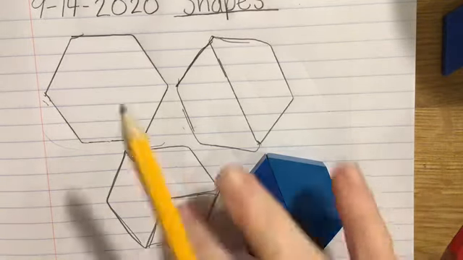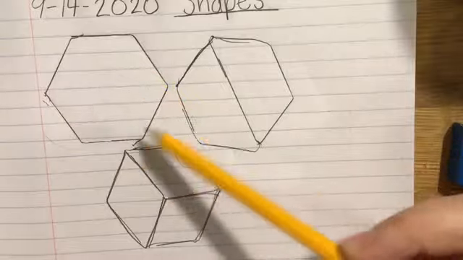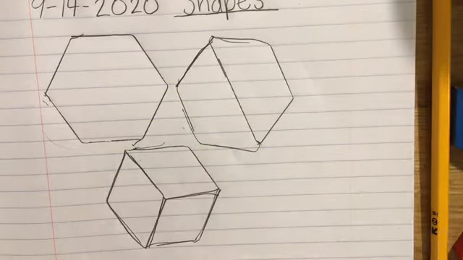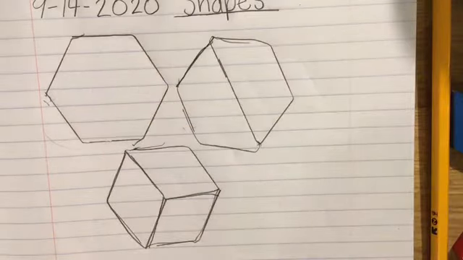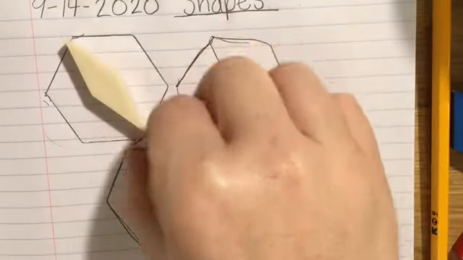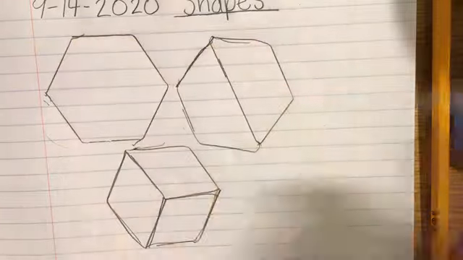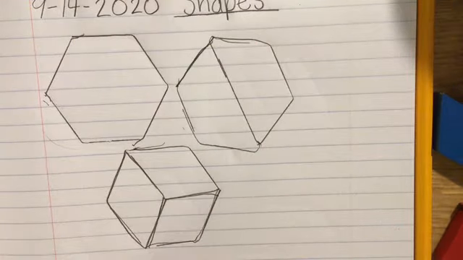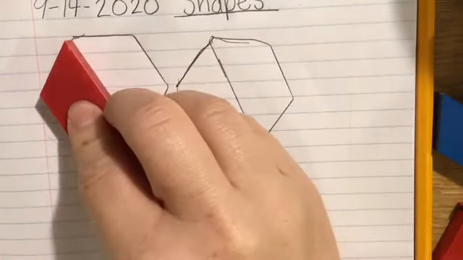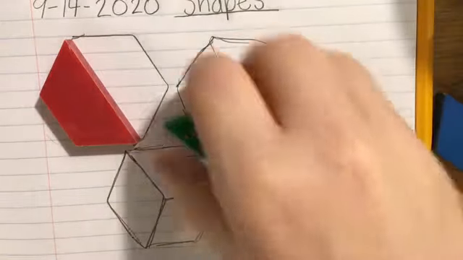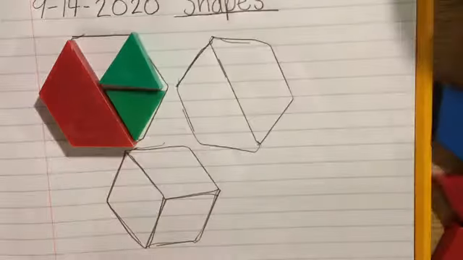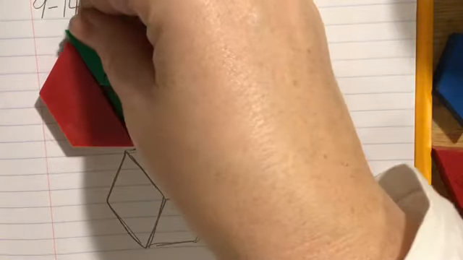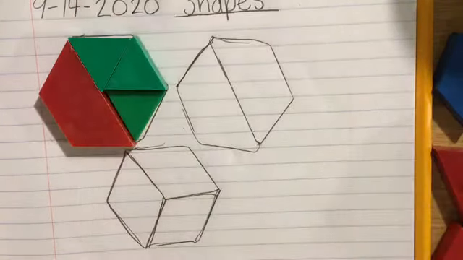Let's do one more. Fit those shapes inside of your first outline. Some of the shapes might not fit very well. Keep trying until you find a combination that works for you. Make sure they all fit inside the lines. Look at that!